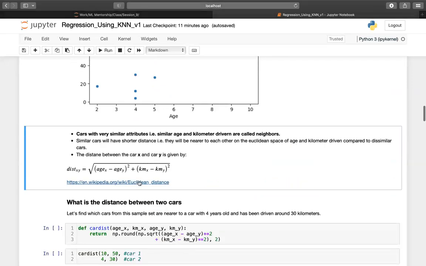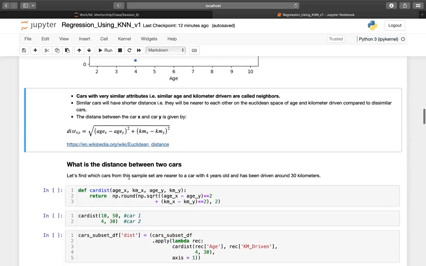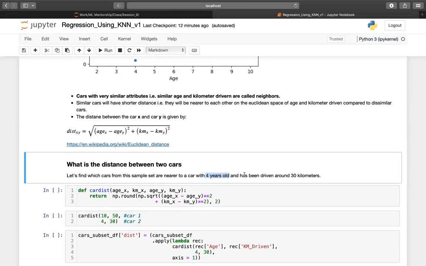So what is the distance between two cars? Let's find out which cars from the sample are nearest to, say, a 4-year-old car that has been driven for 30,000 kilometers. Let's compute that.